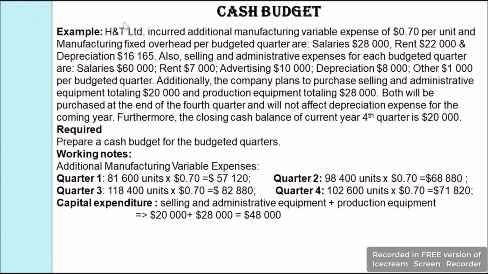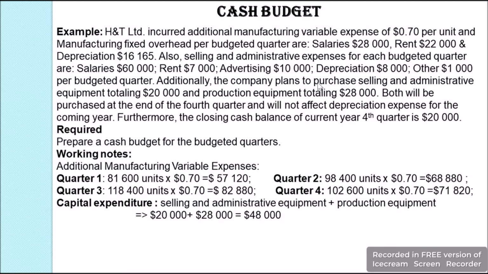Now let us proceed for the cash budget with the same example, which is H&T Limited incurred additional manufacturing variable expenses of 70 cents per unit and manufacturing fixed overhead per budgeted quarter are salaries 28,000, rent 22,000 and depreciation $16,165. Also selling and administrative expenses for each budgeted quarter are salaries 60,000, rent 7,000, advertising 10,000, depreciation 8,000 and others as 1,000 per budgeted quarter.